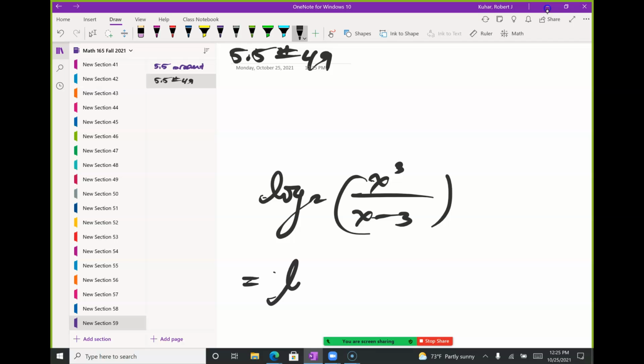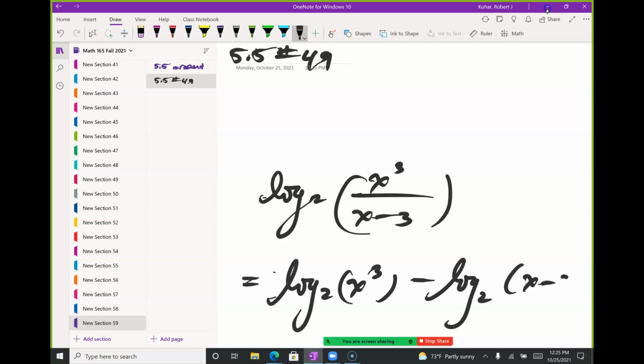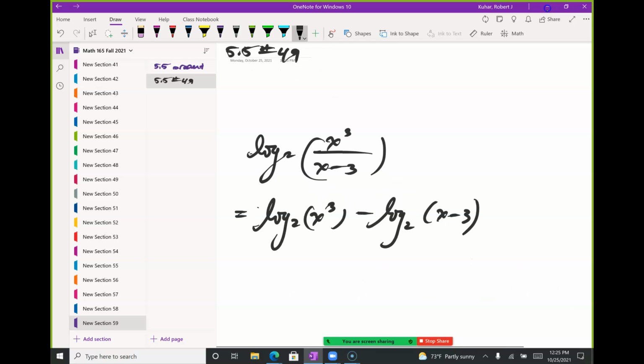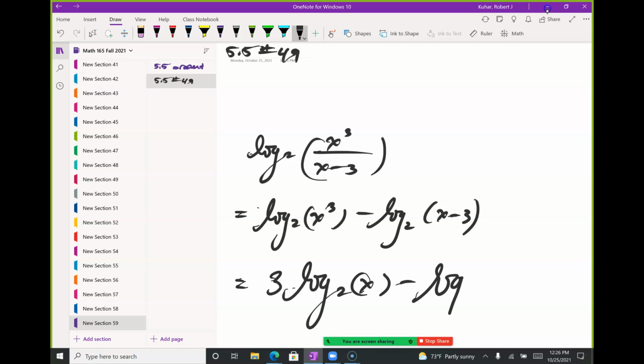So this is log base 2 of x cubed minus log base 2 of x minus 3. I'm looking at my list and saying, what can I do? It wants my arguments to be linear, an mx plus b inside the argument, so I just have to get this 3 out of here. Log base 2 of x minus log base 2 of x minus 3. And that's all I can do.